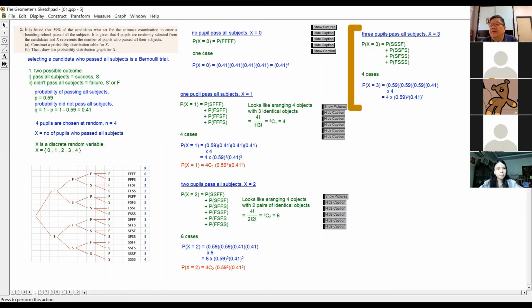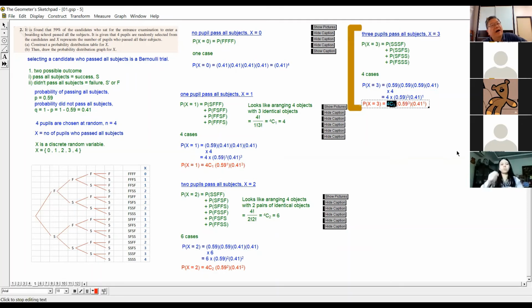In any of this probability counting, there must be 3 components. The first one, how many outcomes are like that? Then, how many of them are success? If there are that number of success, then how many of them are failure?